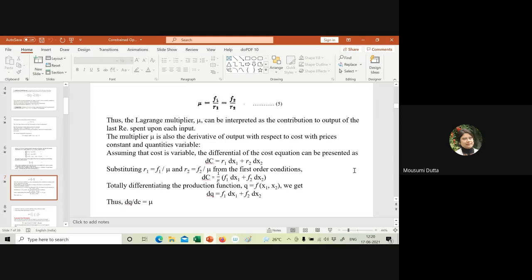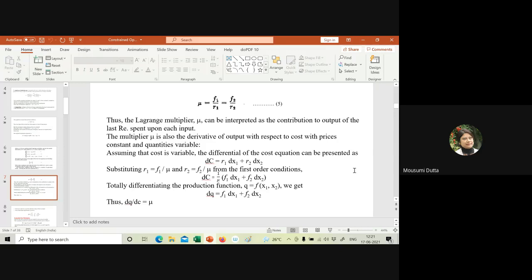Just like the utility maximization case, where it is the value of the last rupee spent on a particular commodity. Here, it can be interpreted as the worth of the last rupee spent on each input in terms of contribution to output.